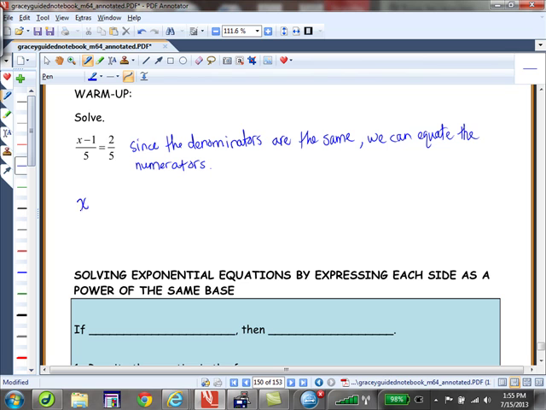So we'll go ahead and do that. That means that x minus 1 has to be 2, so x has to be 3. So we get our solution of x equal to 3.